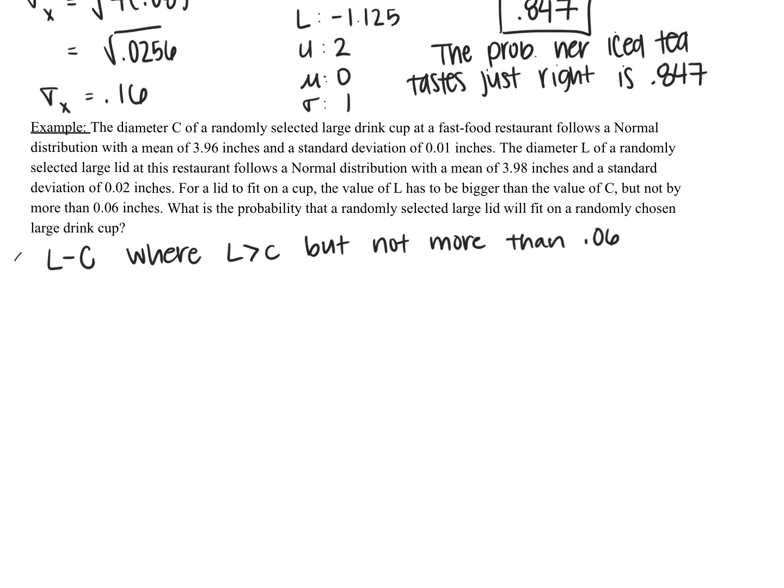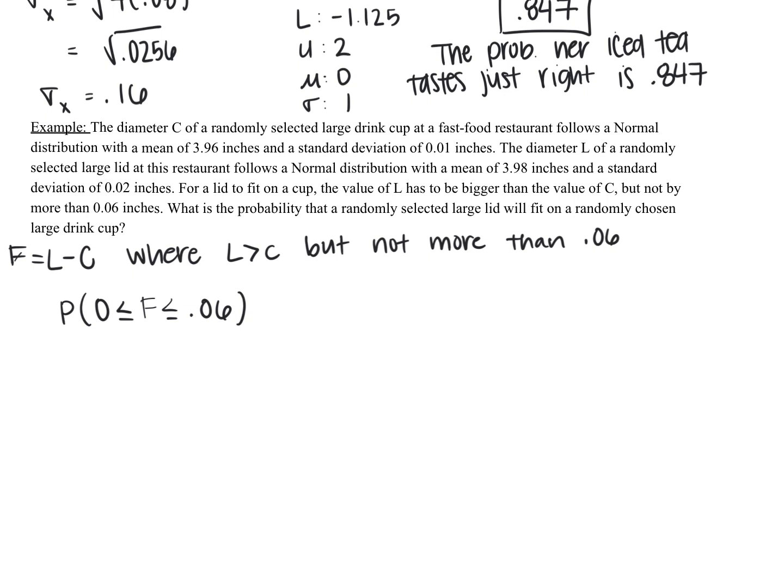So I'm going to define that L minus C as F, like if it fits. So I'm trying to find the probability that the difference is between 0 and 0.06. So that's what my probability is. So they could be the same. It could be up to 0.06 more inches.